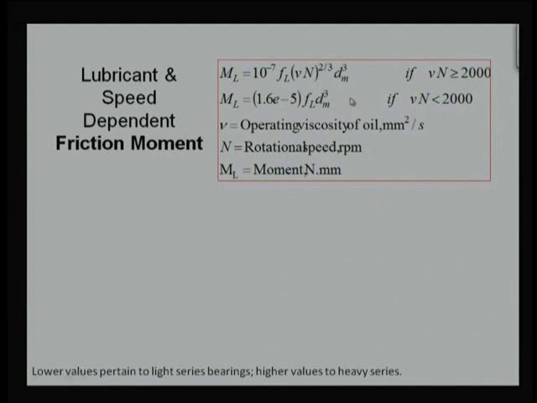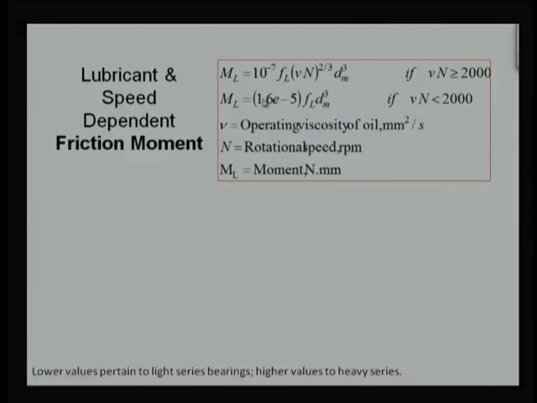Now whenever we substitute values of kinematic viscosity and rotational speed, we can see that the friction force increases with viscosity. If we use thicker oil, it will cause more friction. If we use high speed, it will cause more friction. But if this product is lesser than 2000, it is not going to cause extra force. It will be by and large the same steady value of the friction moment due to the lubricant and speed.